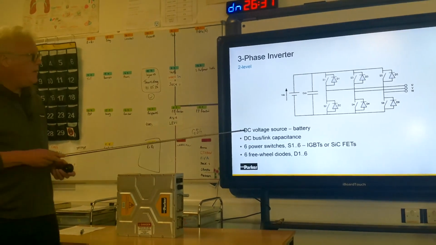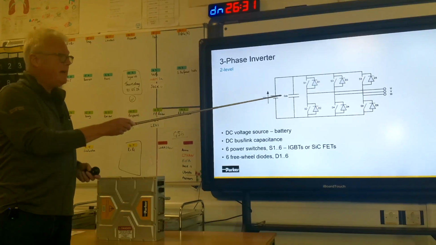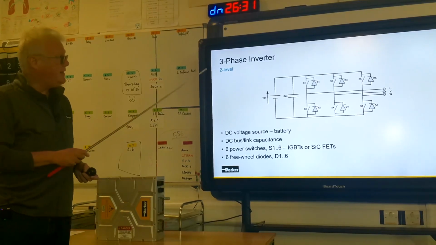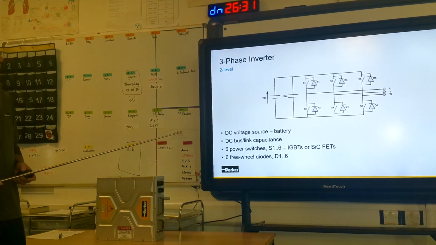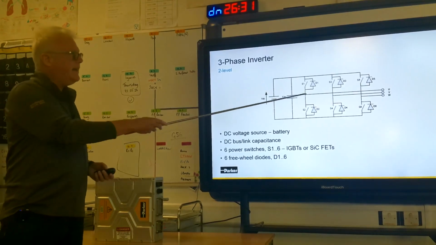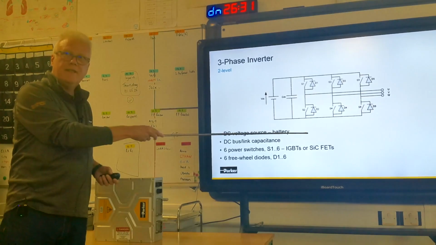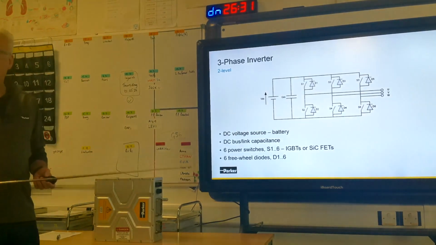And then we're going to have some sort of DC link here, which has some capacitance on it, and then we have a DC supply, which in this case is a battery. If you think about it, I can either connect one of these phase outputs to the top of the DC link or the bottom of the DC link, and that's why we call it a 2-level inverter.